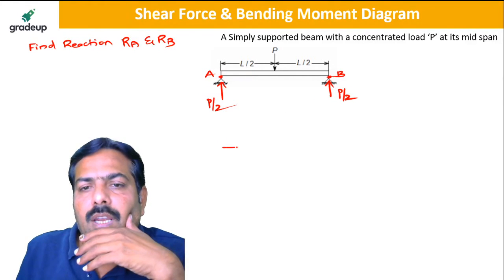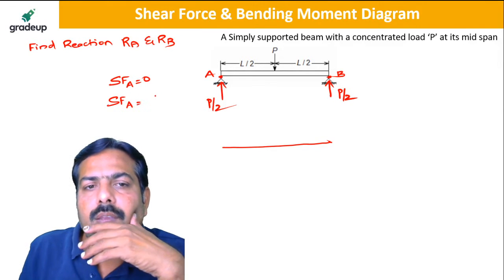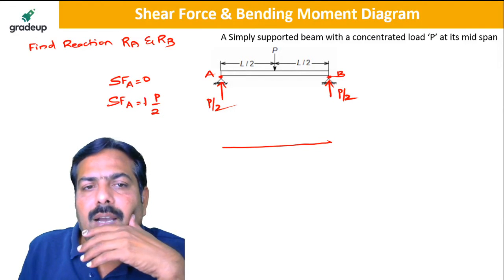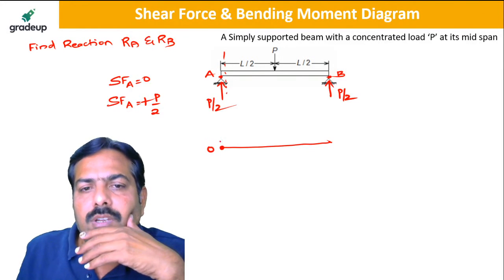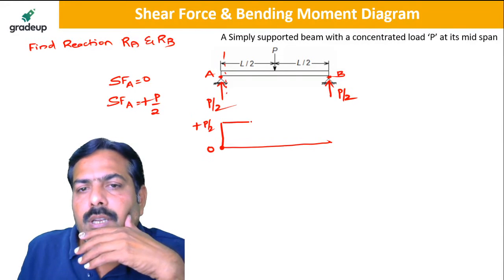When I draw the shear force diagram, the shear force at A has one value 0 and another value P by 2, which is acting up, so it is plus. It will vary from 0 to plus P by 2, constant up to point C.